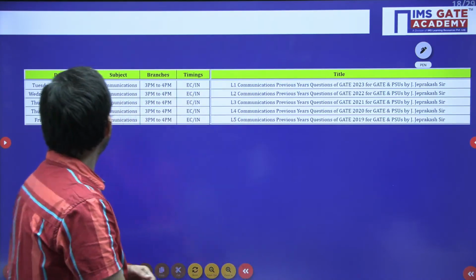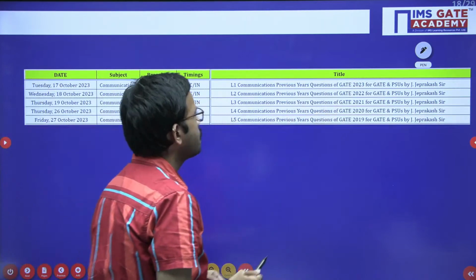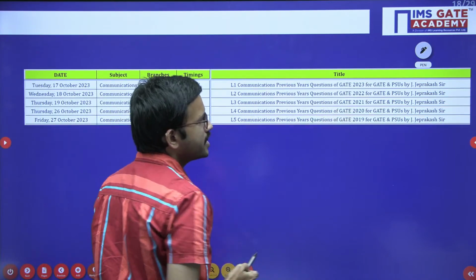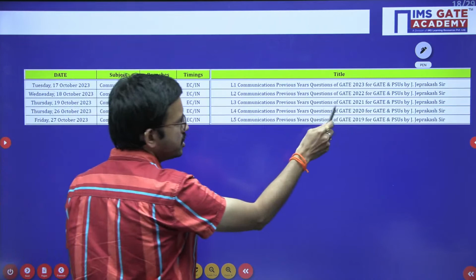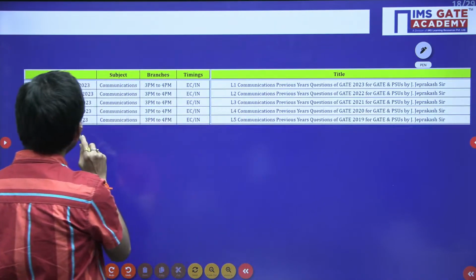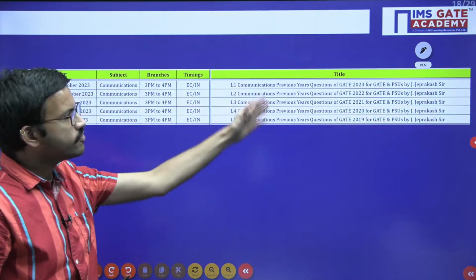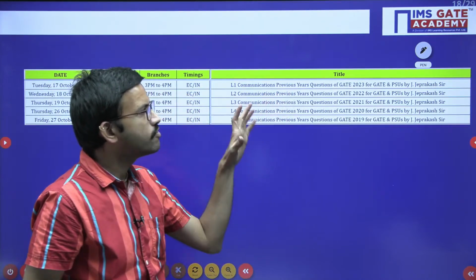So on 17th October, I will discuss the questions related to GATE 2023. On 18th October, I will discuss the questions asked in GATE 2022. Similarly, 19th October, GATE 2021; 26th October, GATE 2020; and 27th October, GATE 2019. So we will discuss the last 5 years of communication system subject questions, year wise.